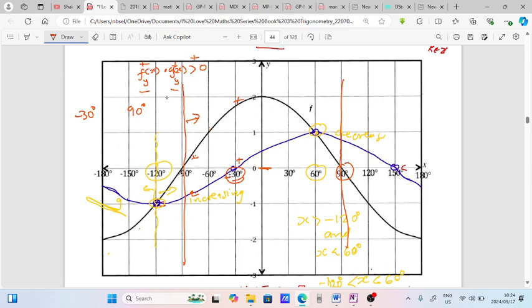What is left is to write the interval. I'll not skip it. I'll say x is between this one and this one: x is greater than negative 30 degrees and x is less than 90 degrees. Why 'and'?